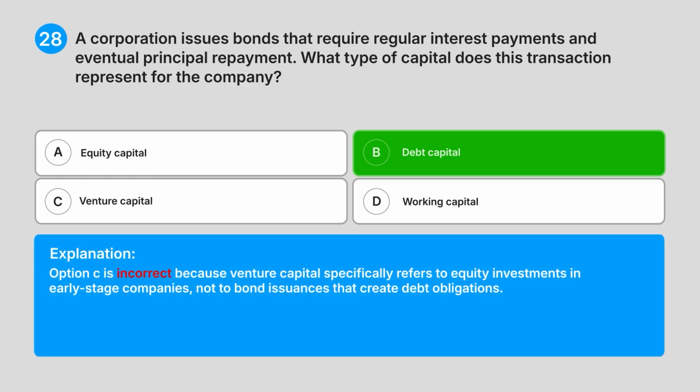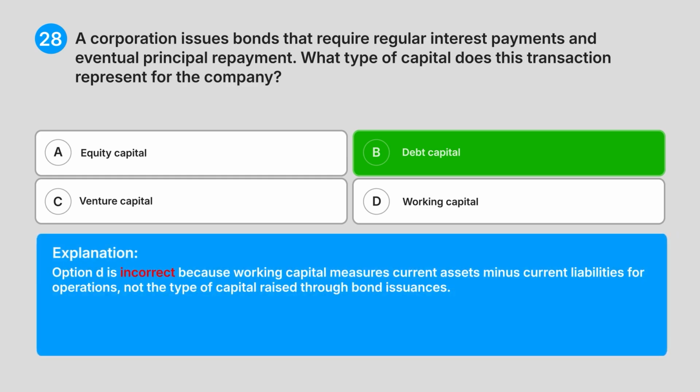Option C is incorrect because venture capital specifically refers to equity investments in early-stage companies, not to bond issuances that create debt obligations. Option D is incorrect because working capital measures current assets minus current liabilities for operations, not the type of capital raised through bond issuances.